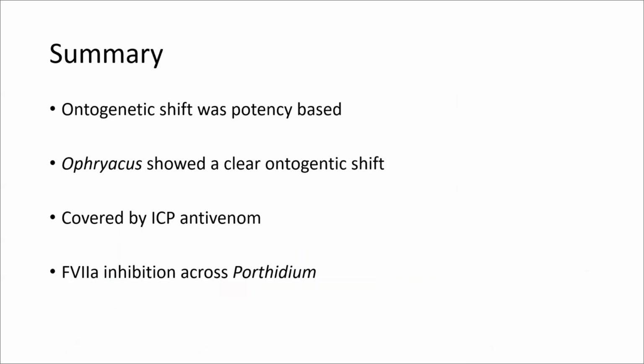Just to summarize, the ontogenetic shift that we saw was potency-based. They had the same mechanism of action, except for the Metlapilcoatlus olmec and Cerrophidion petalocalensis, where no coagulotoxic activity was observed. Ophryacus showed a clear ontogenetic shift, where they go from a fibrinogen-destructive venom more towards factor inhibition.